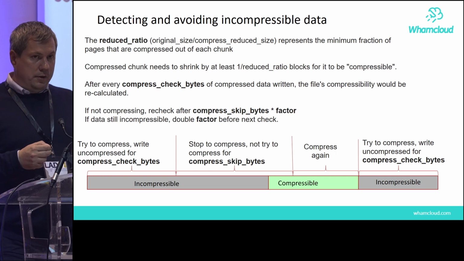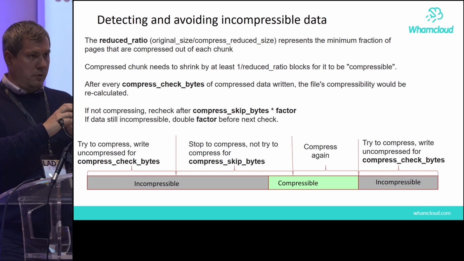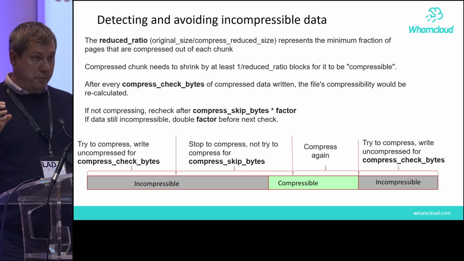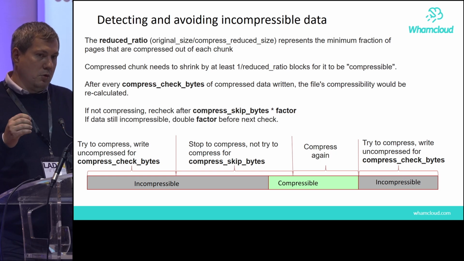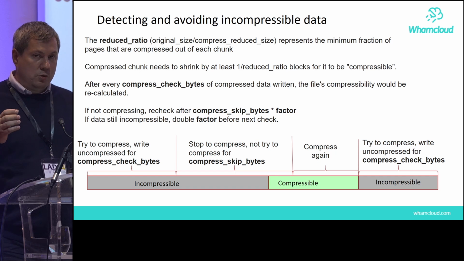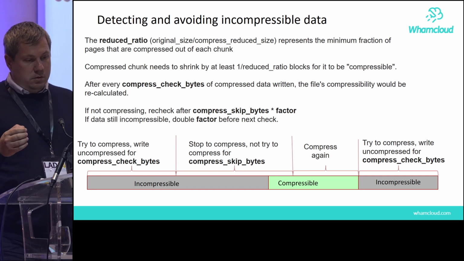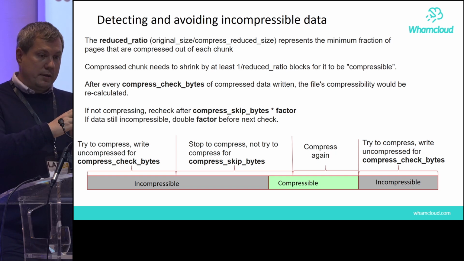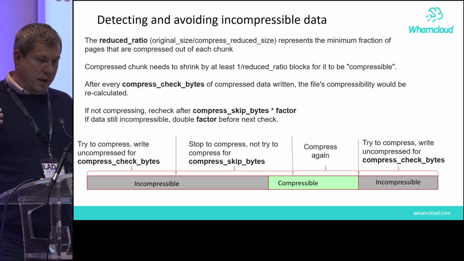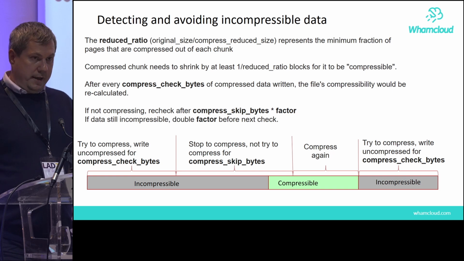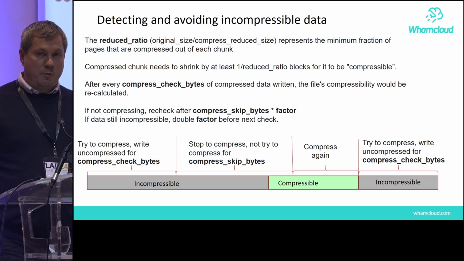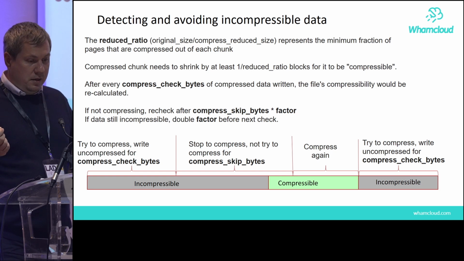If at some point we understand that the whole file is compressed and there is no reason to continue trying, we just stop trying to compress and wait some amount of data before trying to compress again.